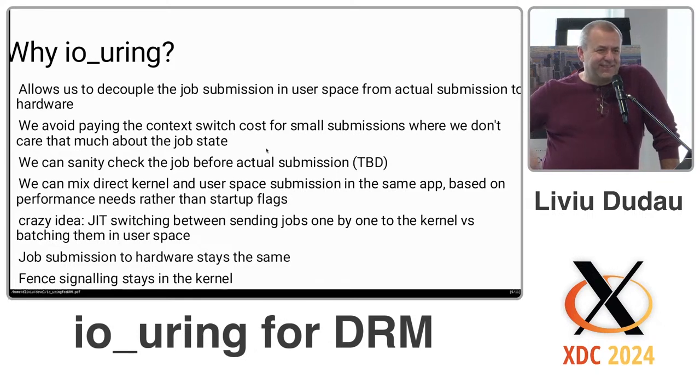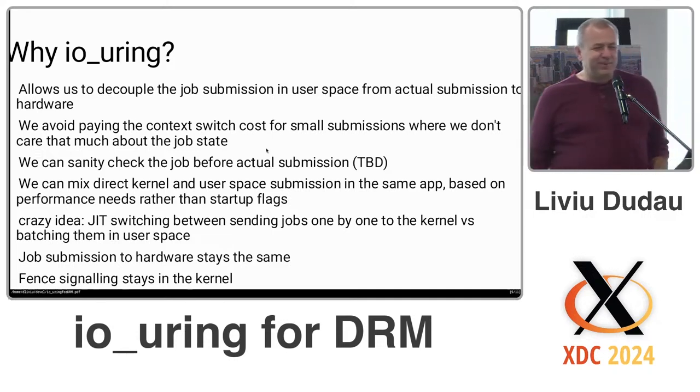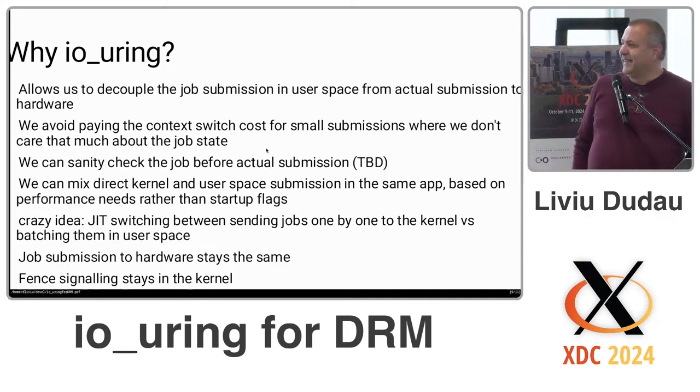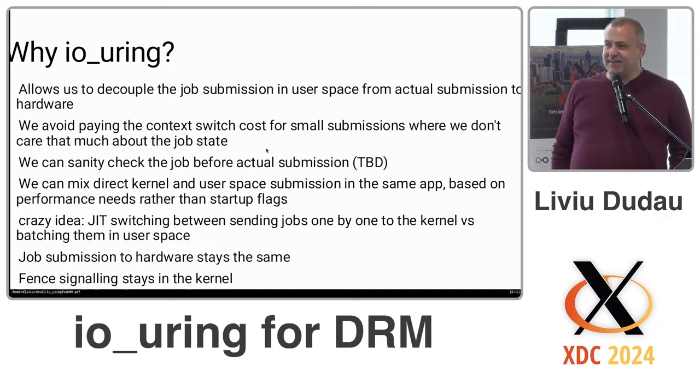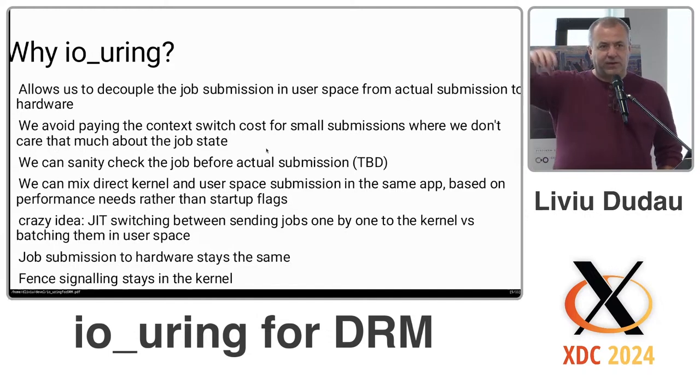Otherwise, you can just send to the kernel via normal ioctls. Probably crazy, I don't know. I'm trying to be controversial again, so get people to react. And for most of the hardware, the submission stays the same as it is. So if we put io_uring in the framework, then all the drivers get user mode submission for free, technically.